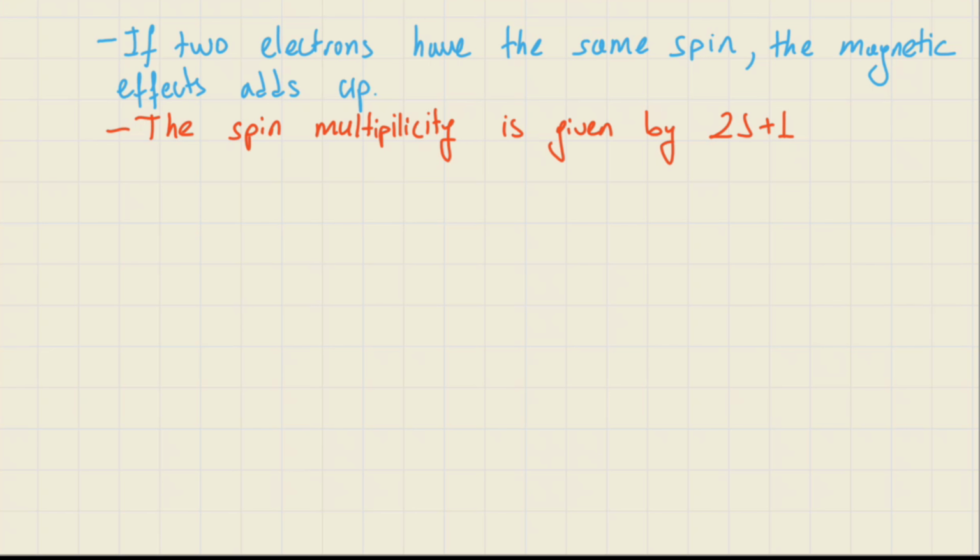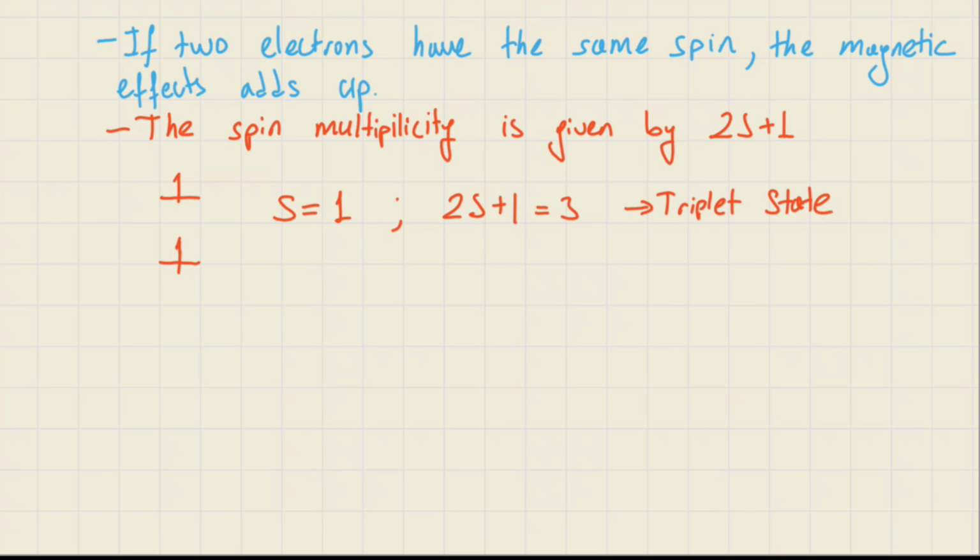If two electrons have the same spin, for instance, it is 1/2 and 1/2, then S becomes 1. And spin multiplicity becomes 2S plus 1, which means that it is 3. And this is simply a triplet state.